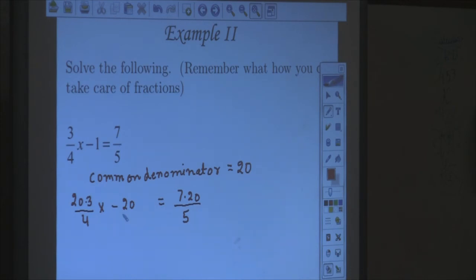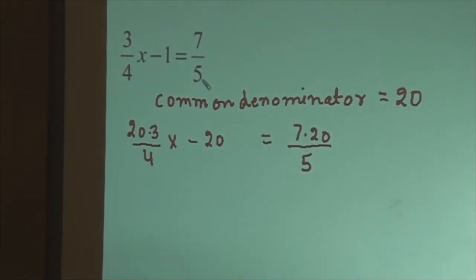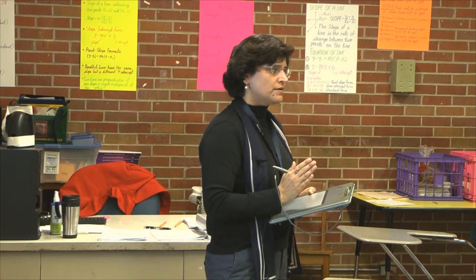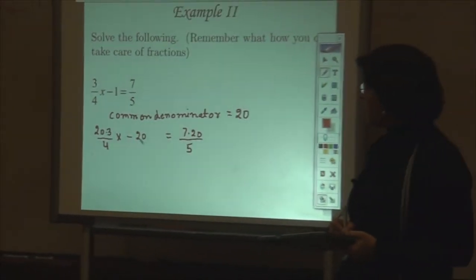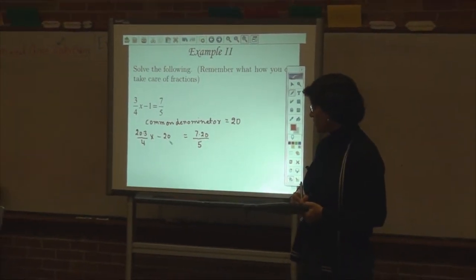Anytime you have an equation with fractions, you have to find the least common denominator of 4 and 5. Once you find it, here it's 20, I multiply both sides by the least common denominator. So I multiplied by 20, and I also multiplied my 1 by 20 and I got 20.